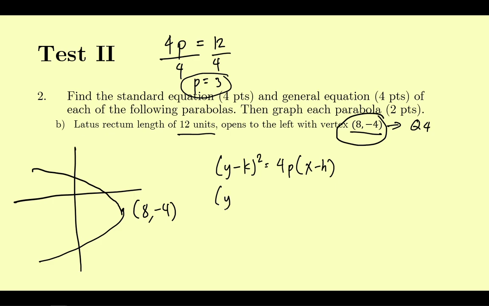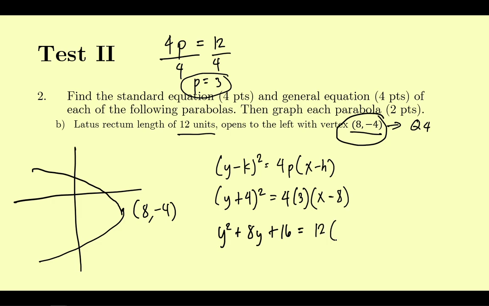Plug it in. y plus 4 squared is equal to 4 times 3 times x minus 8. y squared plus 8y plus 16 is equal to 12 times... No. What do we do first? Standard form. I advanced too much. Okay. Is equal to 12 times x minus 8.